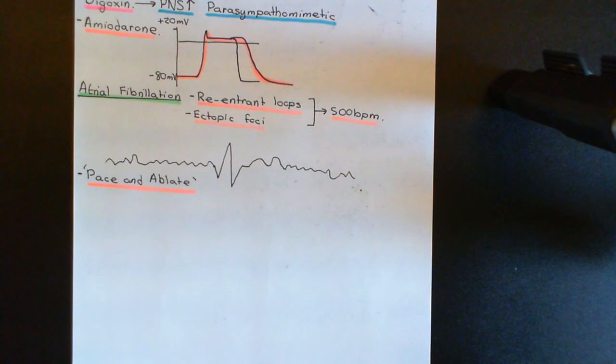Now of course, just doing catheter ablation of the atrioventricular node would be a very bad idea, because then the ventricles wouldn't contract at all.